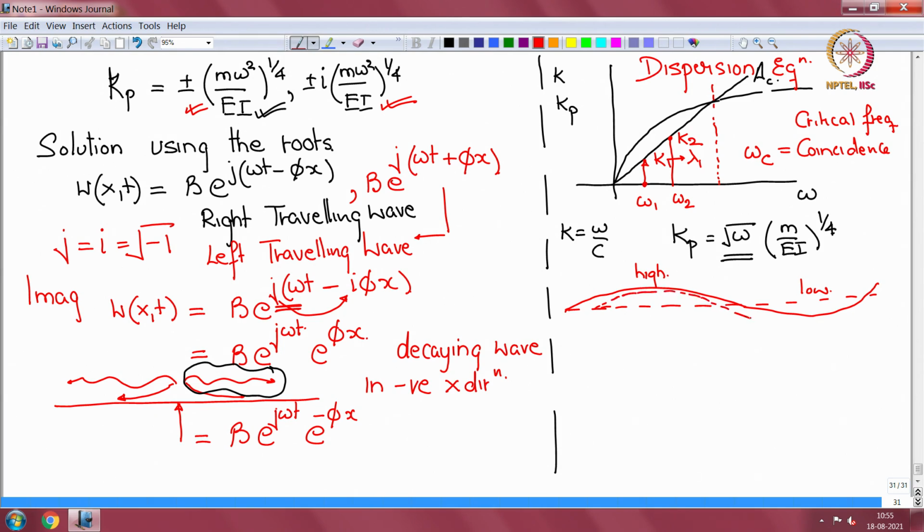I am not bothering about scales or anything, so just get the feel for the size. Then if I take omega 3 it is further smaller, so the wave number goes up, wavelength goes down. Similarly with Kp also, the plate wave number.